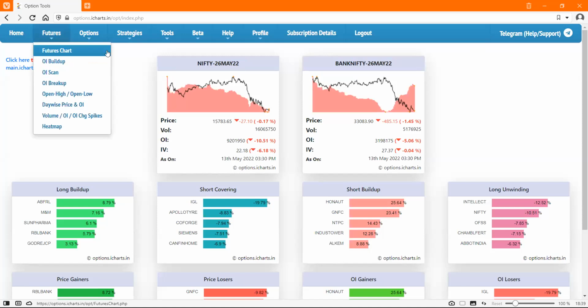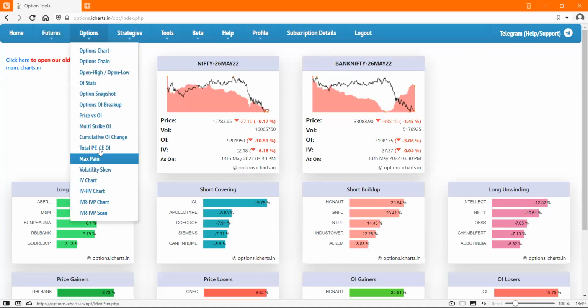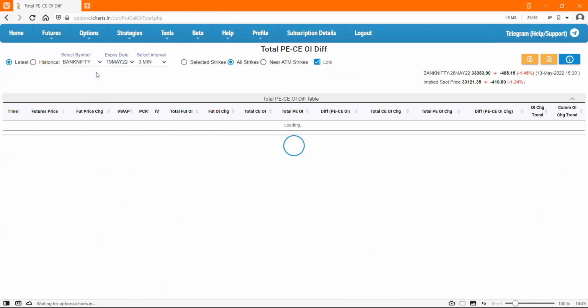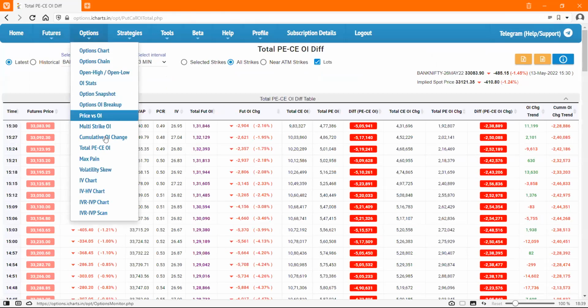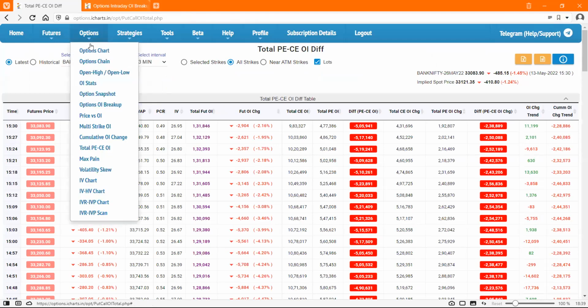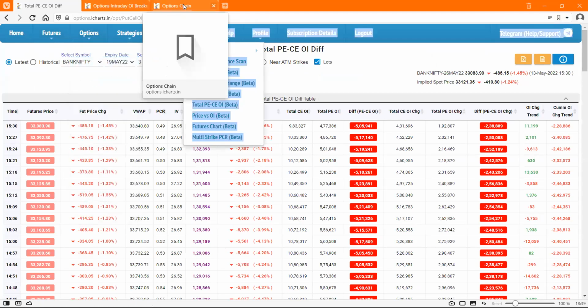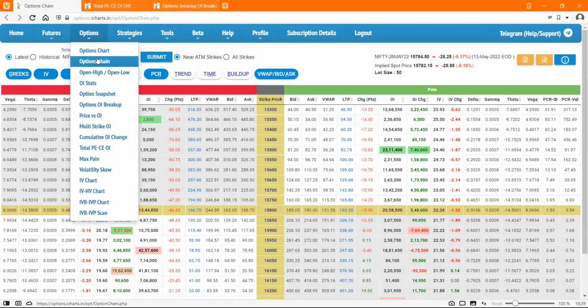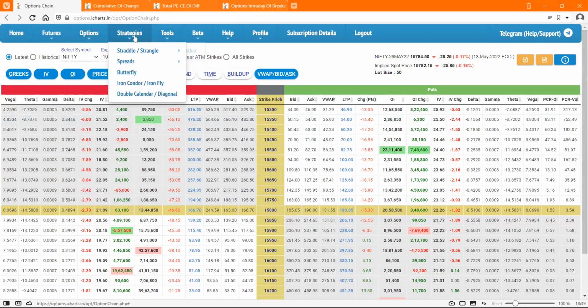What you need to do is, let me open total PCR and options OI breakup in other tabs. I'm opening multiple, say option chain in one, and let me open, what else is there, cumulative OI change.